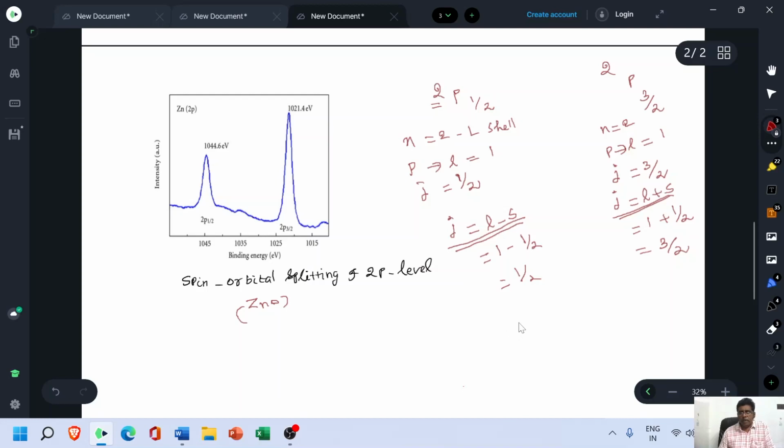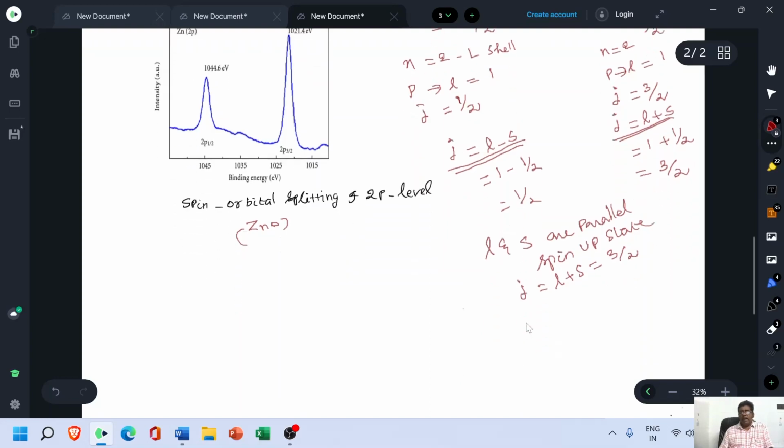Suppose l and s are parallel. This is called the spin up state, which means that the value of j equals l plus s, that is 3/2.